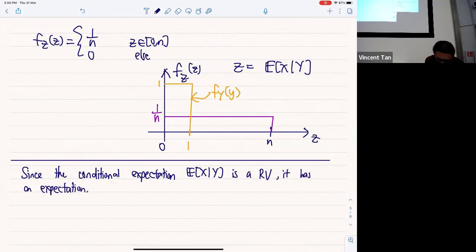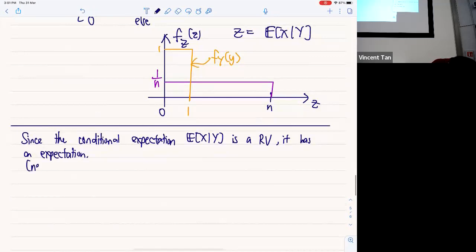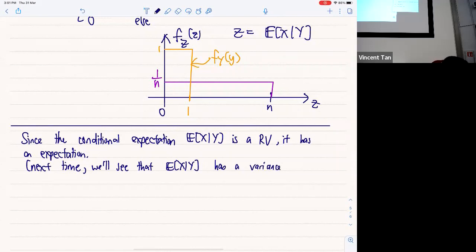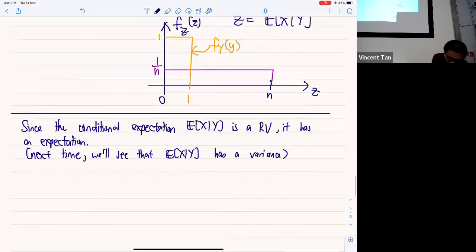So if we have a random variable, then it has an expectation. In fact, next time, we will see that it has a variance as well. And we will find out what its variance is in explicit terms next time.